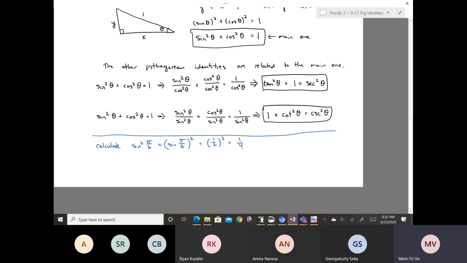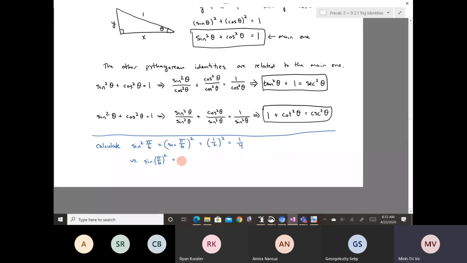Whereas if I write out sine of pi over 6 squared like this, you follow the order of operations where the pi over 6 is being squared first, and then the sine is applied to the result of that.